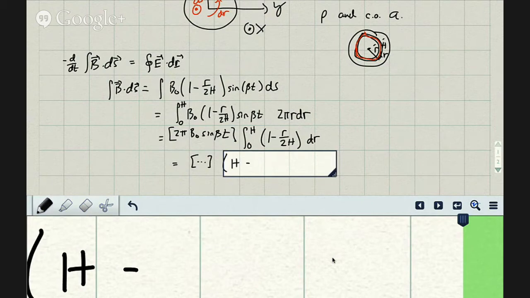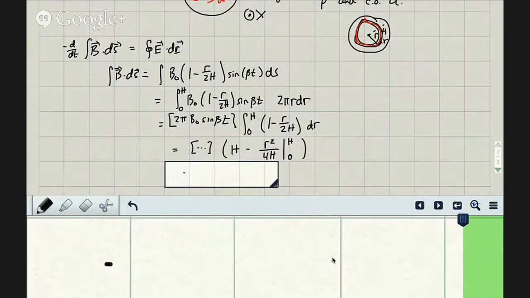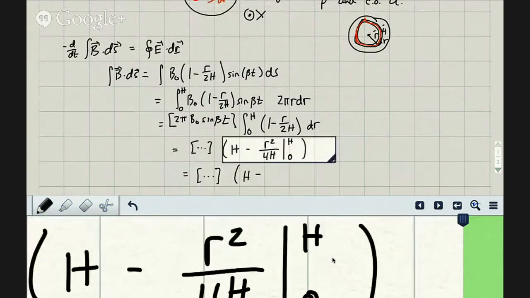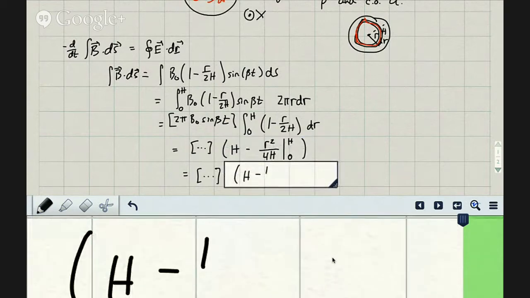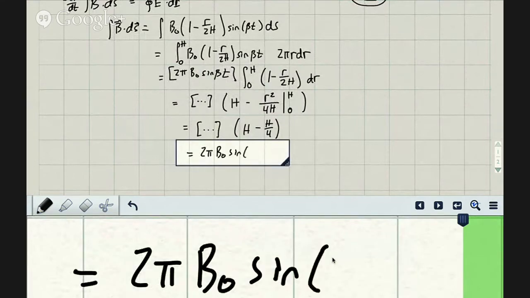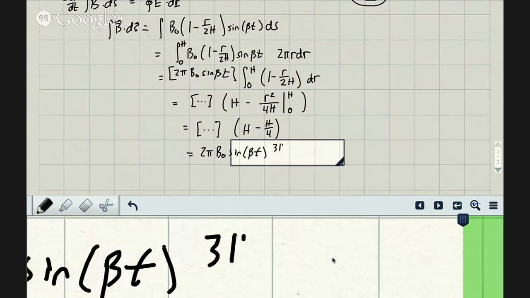This is going to be r squared over 2, so r squared over 4h, evaluated from 0 to h. We have h minus h squared over 4h, which is h over 4. So 3h over 4 in the end there. All these constants end up being 2 pi B0 sine beta t, if I didn't miss anything, which I very easily could have. And then we're just going to get 3h over 4 here.